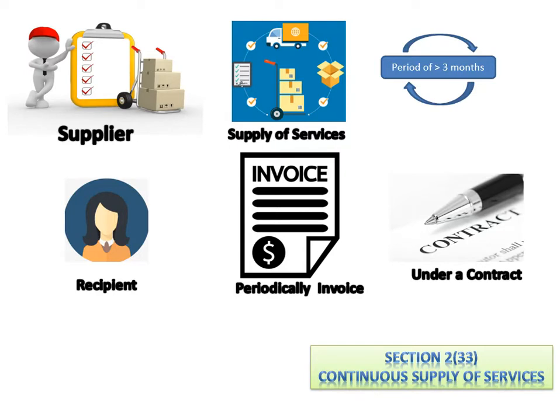For example, annual maintenance contracts, where a company has issued a contract for its system to an IT support based firm, or annual licensing of software, brand names, renting of immovable property. These are continuous supply of service.